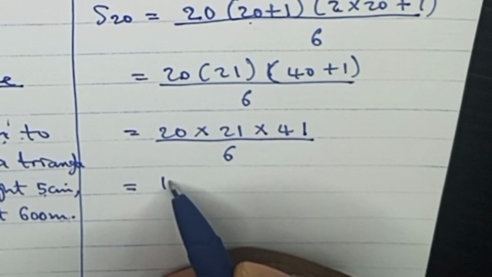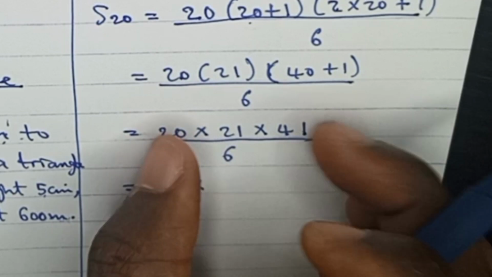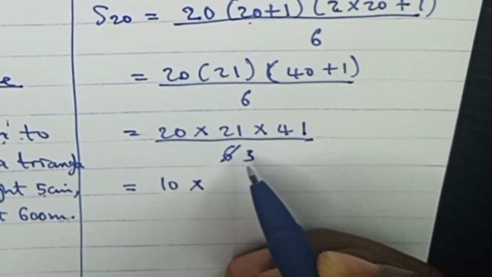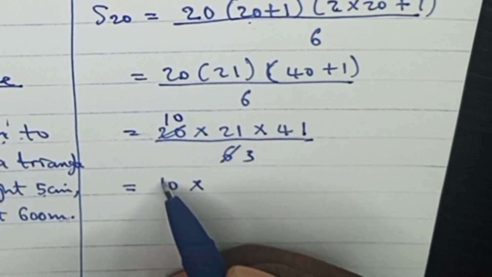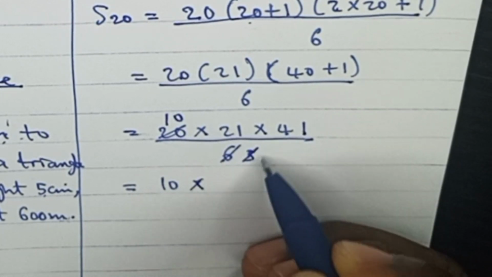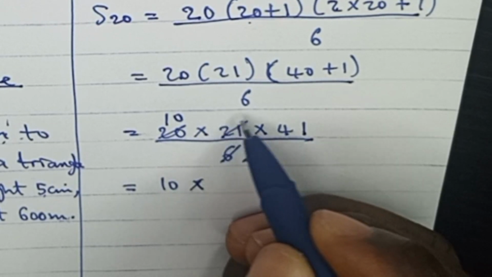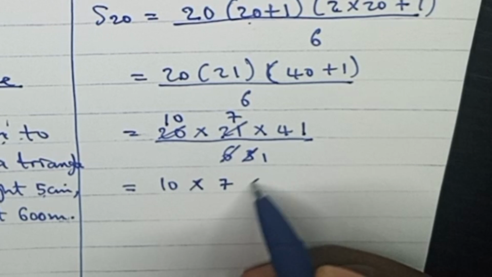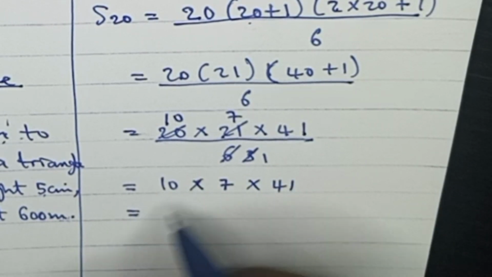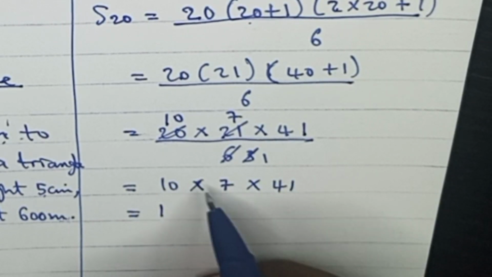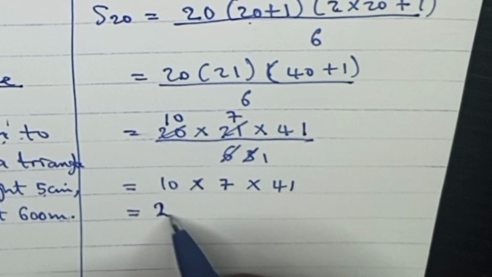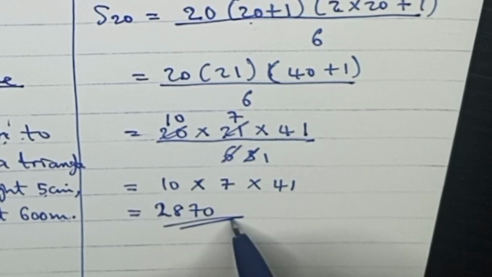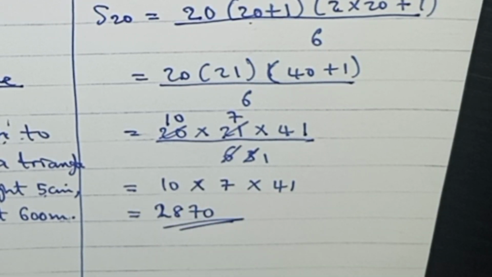If you multiply everything, we have very big numbers, so we can simplify. 2 here and 3 here, 2 into 20 gives 10. Then 3 into 21 gives us 7. So 10 times 7 times 41 will give us 2,870. So this is going to be the sum of that.